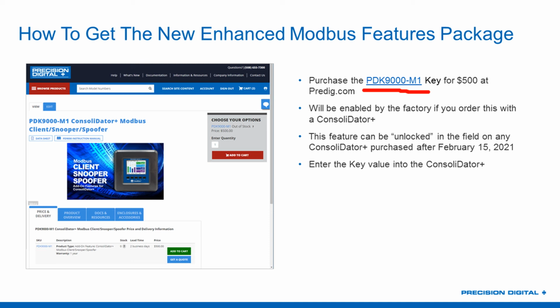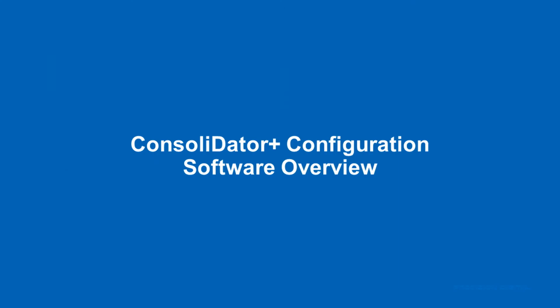Or if you've got a consolidator you purchased after February 15th, you can purchase just the key. You give us a unique identifier number that's in your consolidator programming. We can help you get that, and then we give you a program code that you punch in that lets you unlock these features. Hopefully that's clear to everybody. Let me know if it's not.